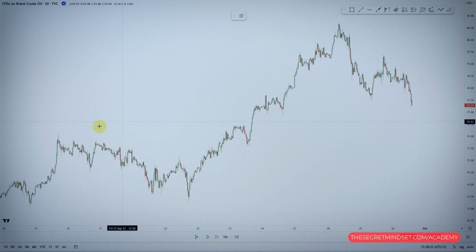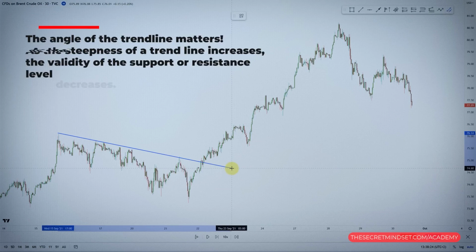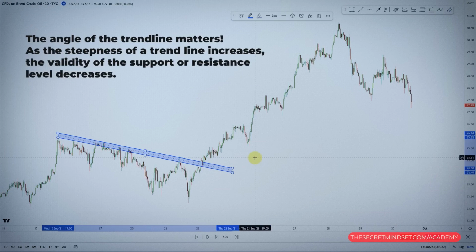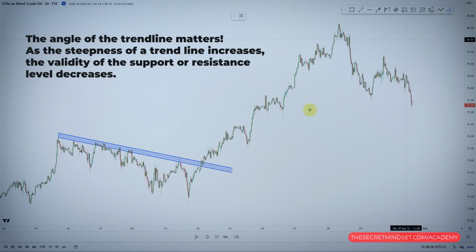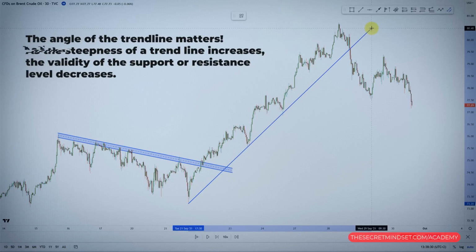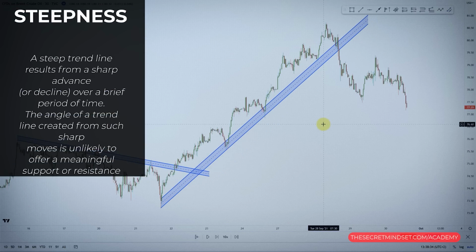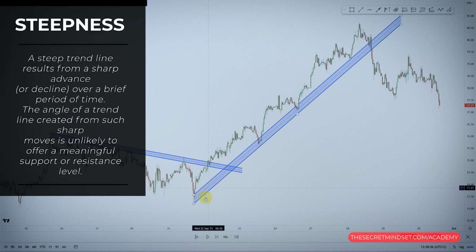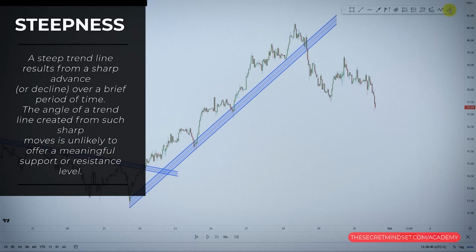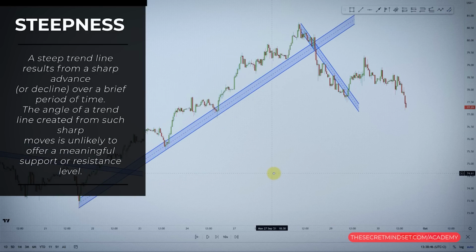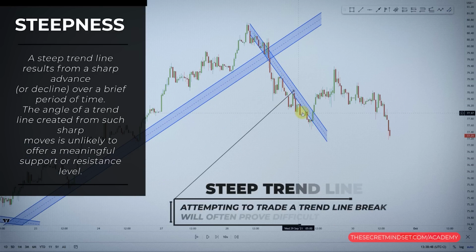And here's another important note: the angle of the trend line matters. As the steepness of the trend line increases, the validity of the support or resistance level decreases. A steep trend line results from a sharp advance or decline over a brief period of time. The angle of a trend line created from such sharp moves is unlikely to offer a meaningful support or resistance level.